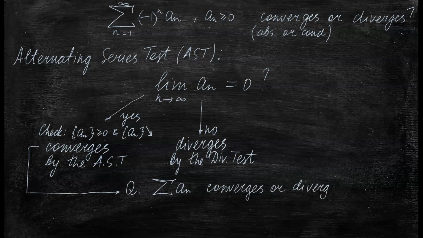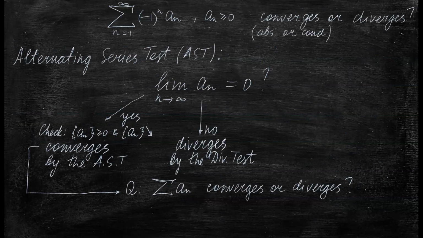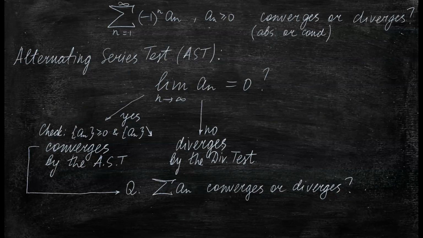You may ask, how do we do this? Well, remember, we have a perfect plan for tackling exactly this task. Once you take the absolute value, or drop the alternating term, you just have a regular series, and then you can run through this process to determine whether it converges or diverges.